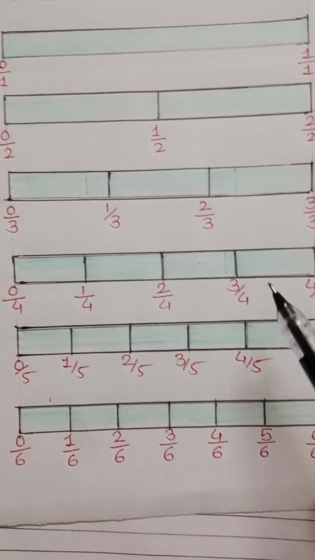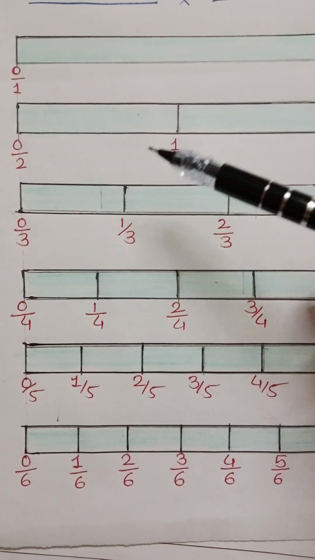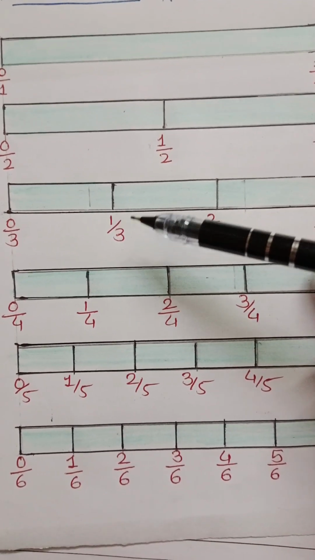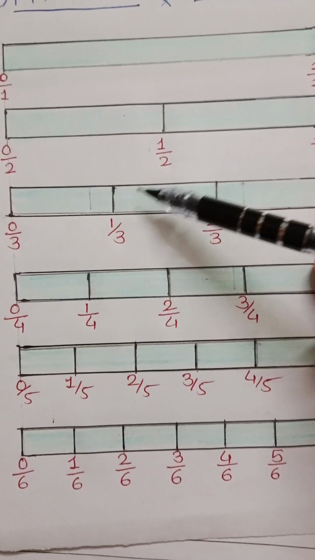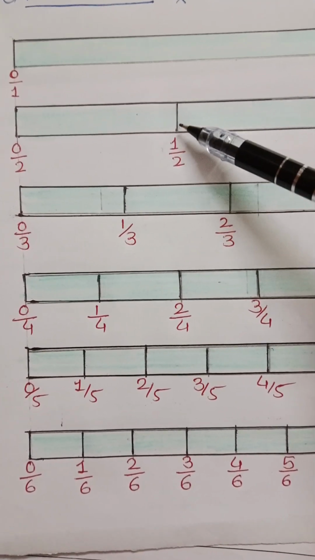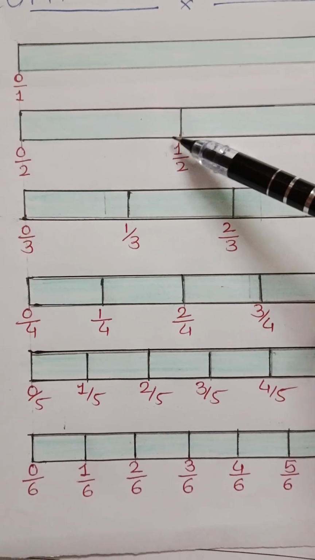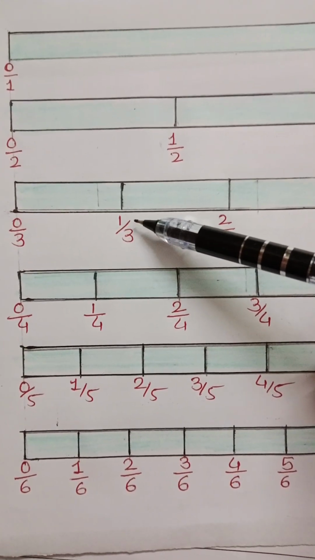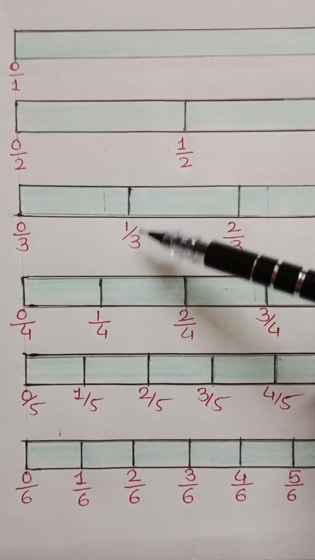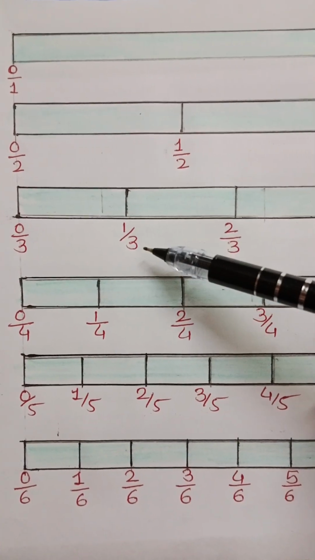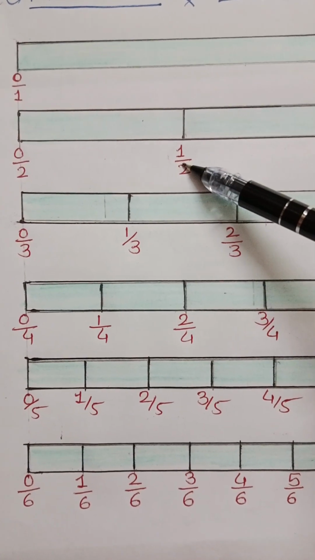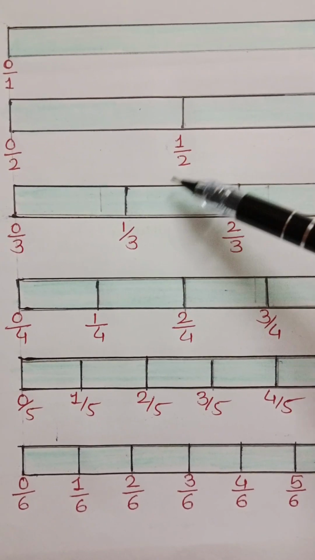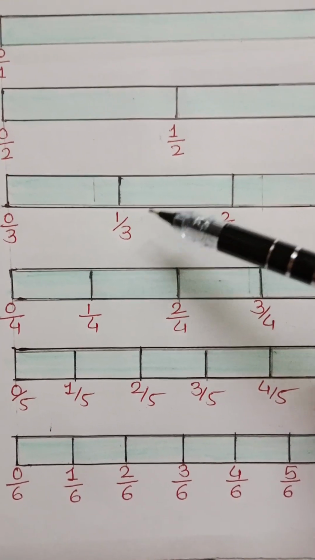I have done this so that we can compare 1 upon 3 with 1 upon 2 and check which part is smaller, which part is bigger, which fraction is the bigger fraction, which fraction is the smaller fraction. If I ask you whether 1 upon 3 is bigger or 1 upon 2 is bigger, you can just have a look and see that 1 upon 2 is bigger than 1 upon 3.